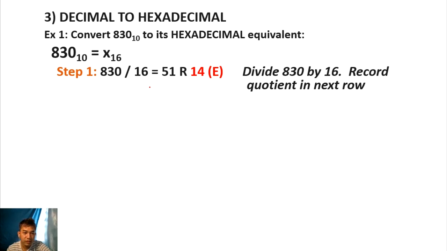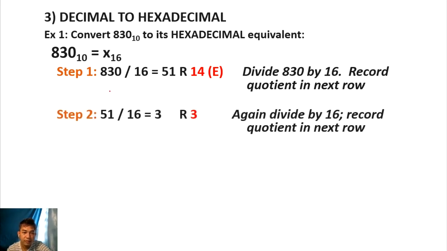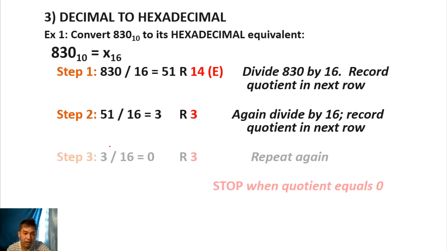Okay, do the same process. So 51 divided by 16, that is 3. Ang remainder din niya is 3. Now yung 3, pag divide mo siya by 16, that is 0. So automatic na yung quotient mo ng previous will be your remainder.